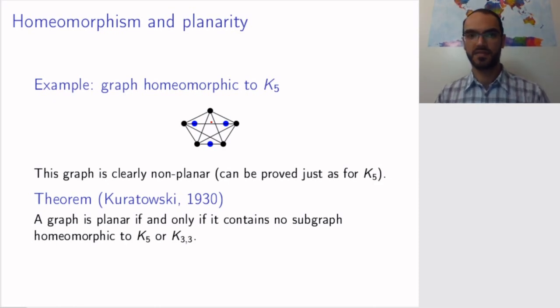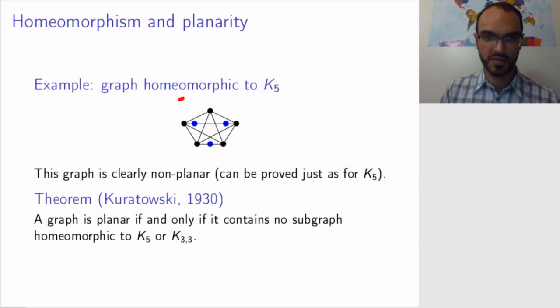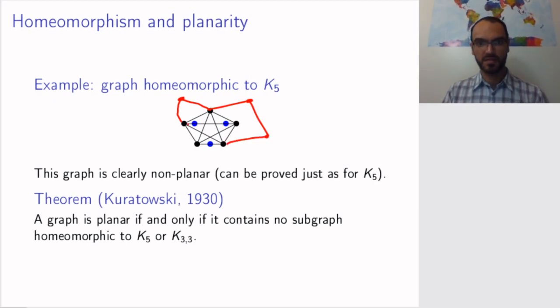So if I have a graph that, say, looks like this, then it has a subgraph, this black and blue subgraph, and this subgraph is not isomorphic to K5, but it's homeomorphic to K5. And so I know that my whole graph is not planar.